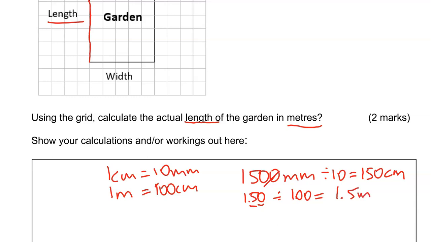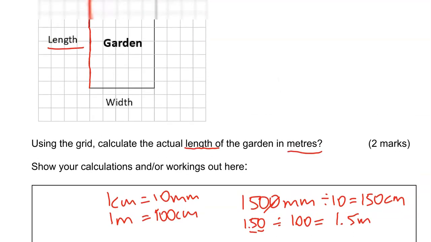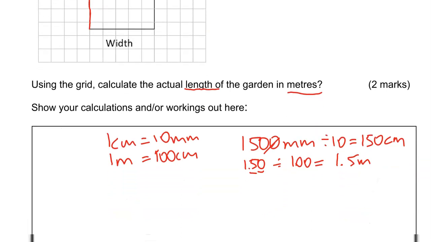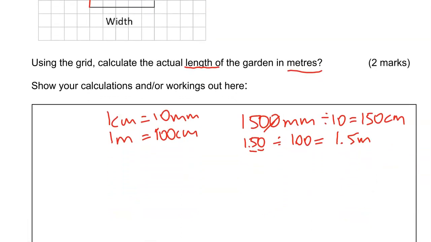It also makes sense if 1 meter is 100 centimeters, 150 centimeters is going to be 1.5. So 1 square is 1.5 meters. What about 7.5 squares?